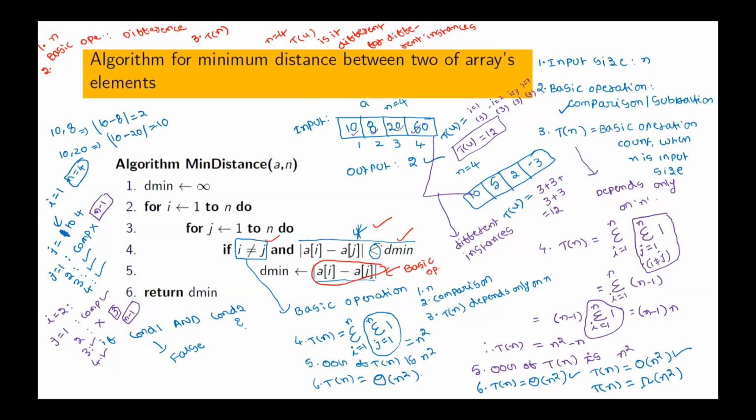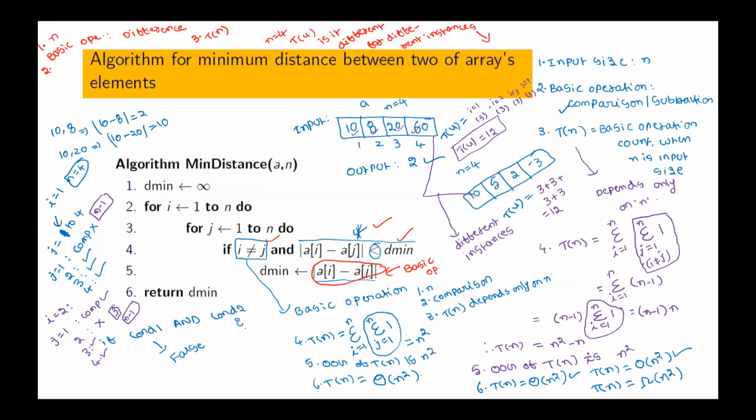Now one more important step, as you pointed out: is T of 4 different for different instances? That is the question we are trying to answer. The answer is yes or no? Yes, it is different for different instances.